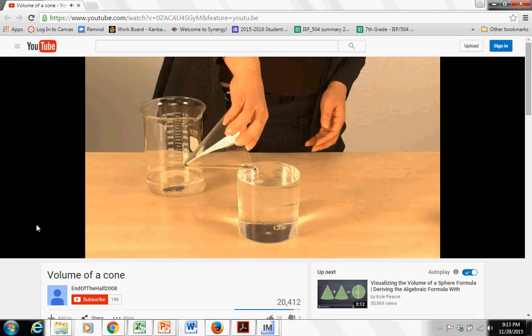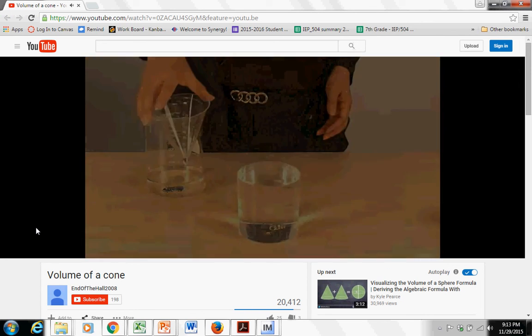The volume of the cone is 1/3 of the volume of the cylinder.